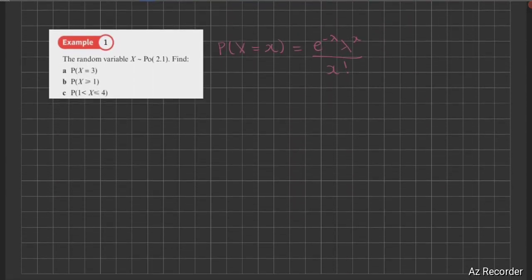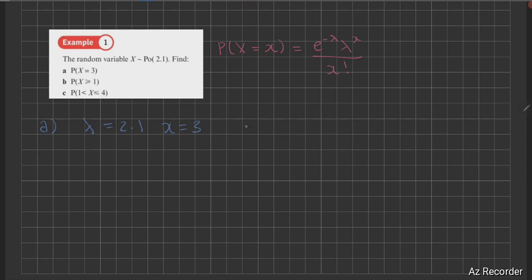So the random variable X ~ Po(2.1), we need to find the probability that x is equal to 3. We can use this formula here. So if we define our variables, lambda is equal to 2.1 and x is equal to 3.